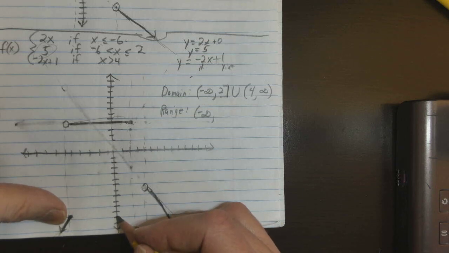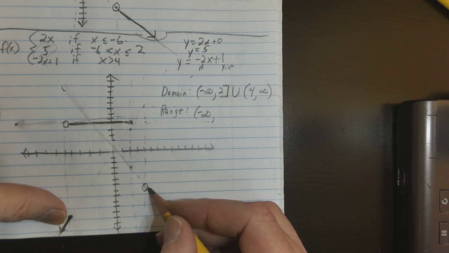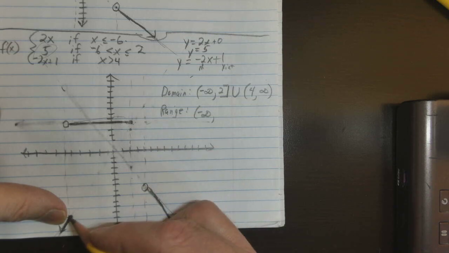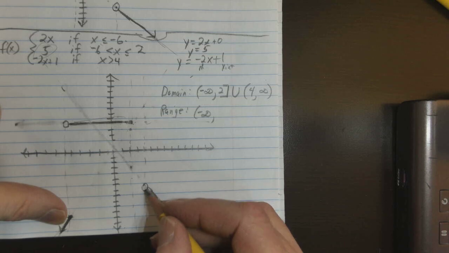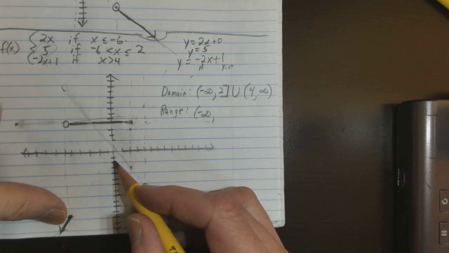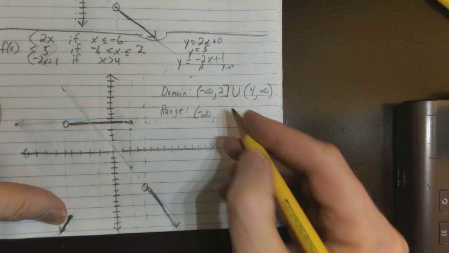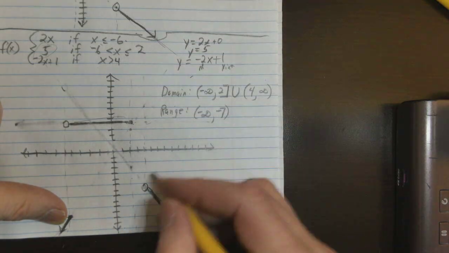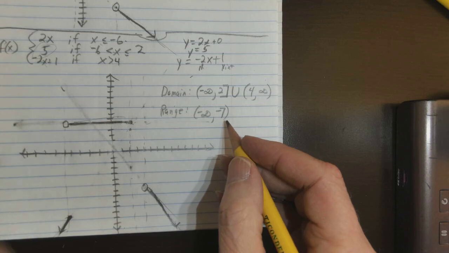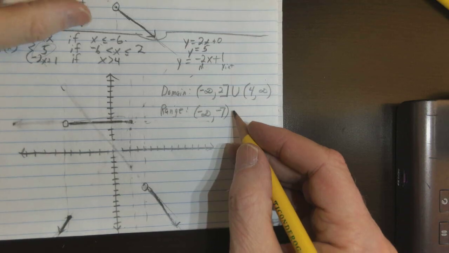Negative 12, actually, I think. Negative 12. But then it picks back up here. From negative 12, it'll come back up to this point. 1, 2, 3, 4, 5, 6. This is negative 7. That's an open circle, so I'm going to put a curved bracket.